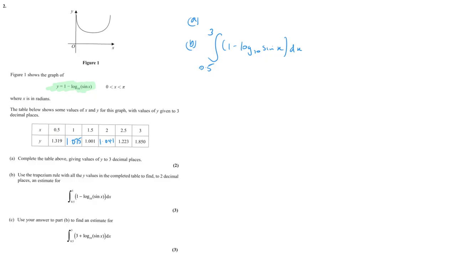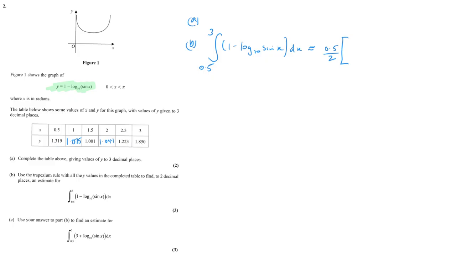So this is what it's going up in. It's going up in halves. So h is 0.5 over 2. And then we've got to look at what we put in our brackets. So it's going to be this value and this value, and then double these values.